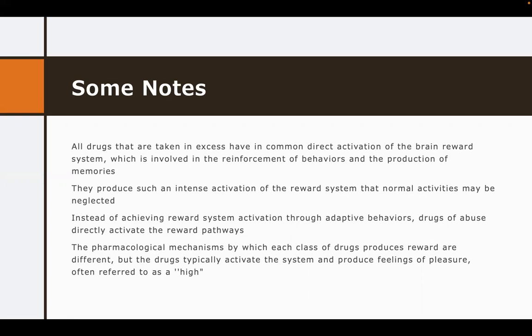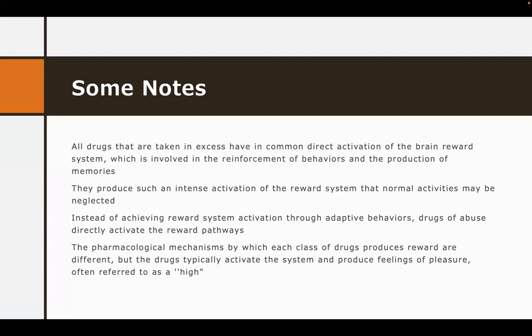activities may be neglected. So the preference is to obtain whatever substance or to engage in whatever behavior is disproportionate in comparison to other activities or substances, anything that you can intake.